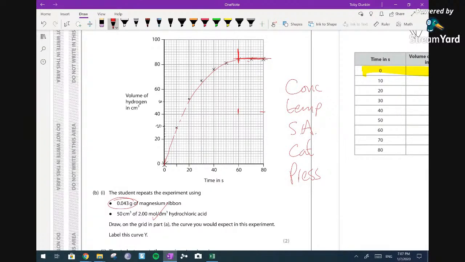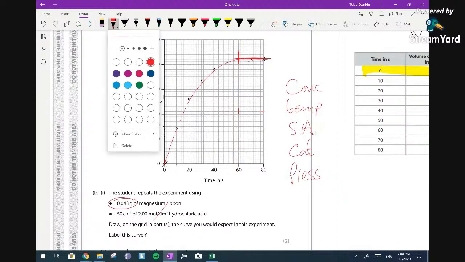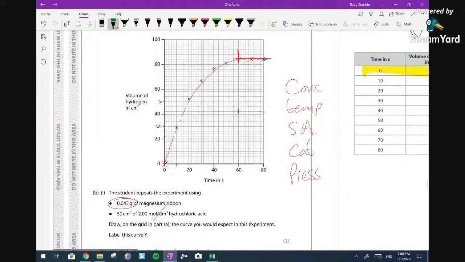So I now need to produce half that much. Oh, and here's the next tricky bit. The rate is also going to be the same at the beginning. So I'm going to do this in a different color now. Because I haven't altered any of these things, all he's changed is the mass of magnesium. The rate at the start will be the same, which means I'm going to follow that line.